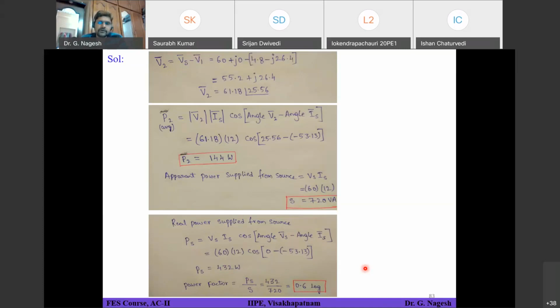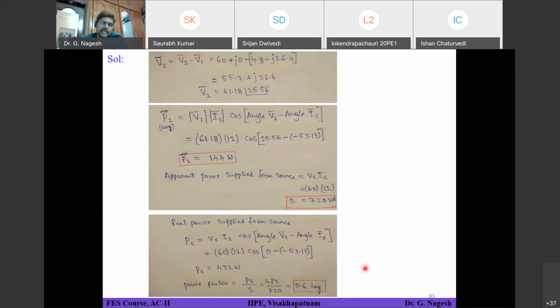Okay, so since they have asked the power factor of the source, you have to see the voltage across the source and current delivered from the source. Voltage across the source, we have seen, is 60 at an angle of 0 degrees. So voltage is your reference phasor, which is at 0 degrees, and the source current is seen to be minus 53 point something.